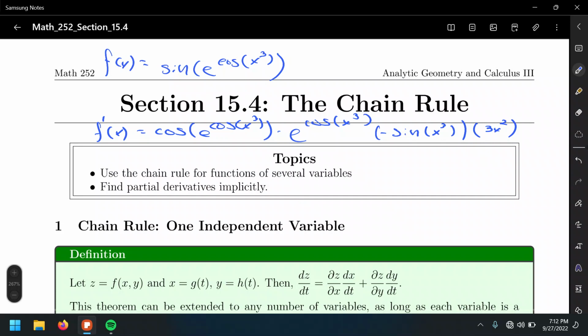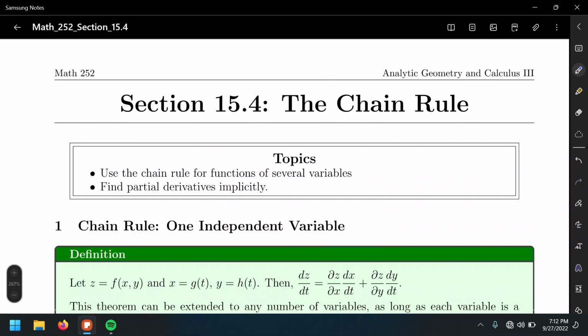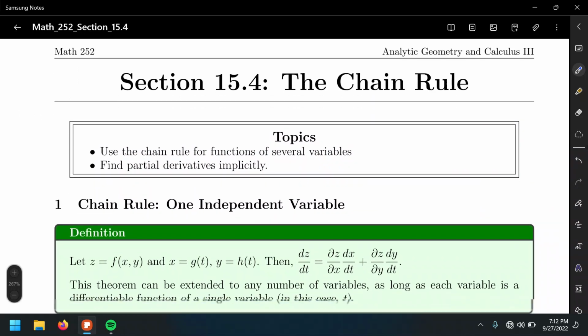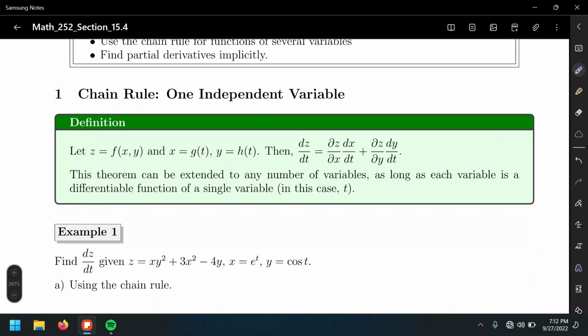All right. So the chain rule in functions of multiple variables is going to work in a slightly different way. Because this time, we're going to have a function z that depends on two variables, and at the same time those two variables depend on one variable.